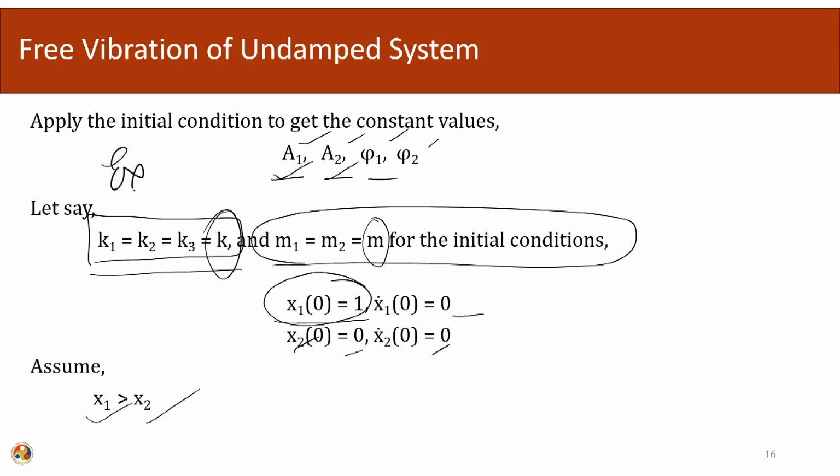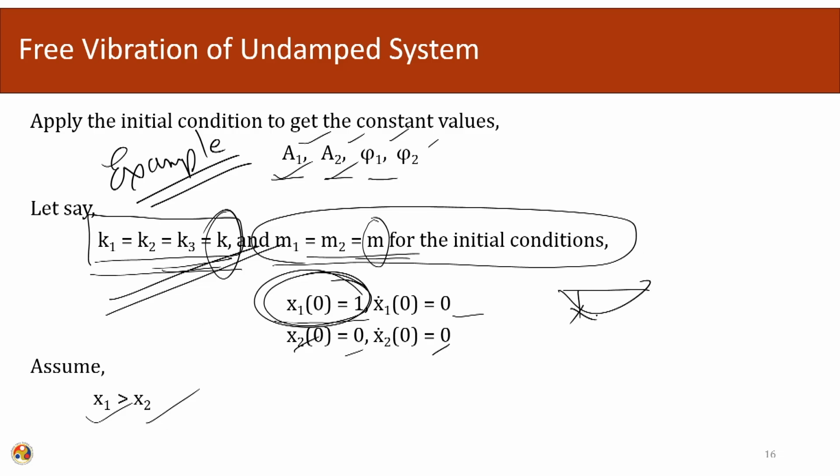In this example we assumed all k's are equal and all m are equal, and we have an initial disturbance, that is an initial displacement at this point. So, this is the initial condition, and we are again assuming x1 is greater than x2.